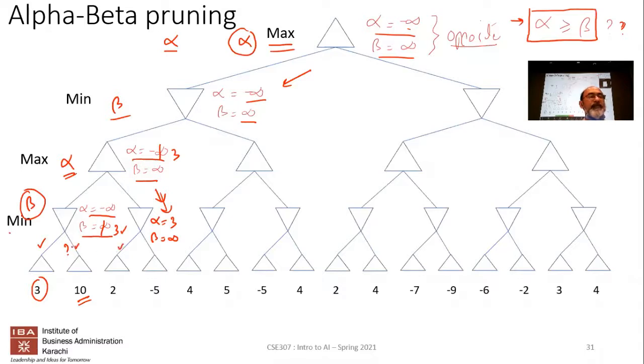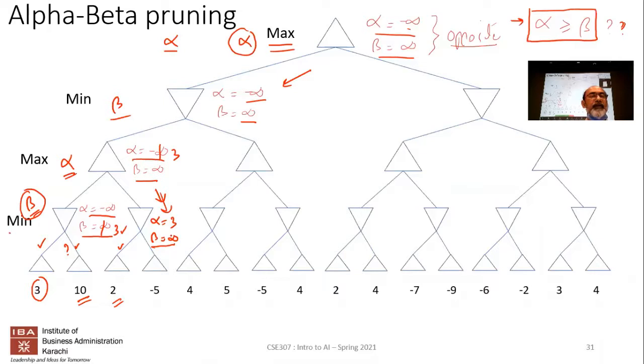The portions which we evaluated, I'm marking with a tick. Now we're going to update the beta value over here. Beta right now is plus infinity. We look at the leaf value over here, 2. Is beta smaller or is 2 smaller? 2. So we're going to replace beta with the value of 2.